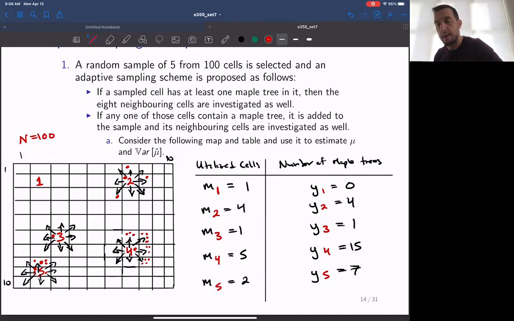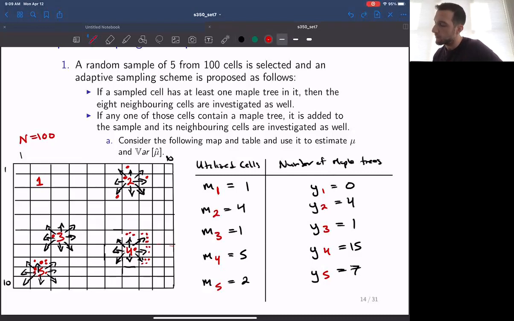Again, we found 1 tree in the first cell, so we branch out. In this case, in 4 of the surrounding cells, we count a total of 14 additional trees. That gives us 15 total trees, hence Y4 equals 15, and M4 equals 5, which is the number of cells contributing a tree in this case.